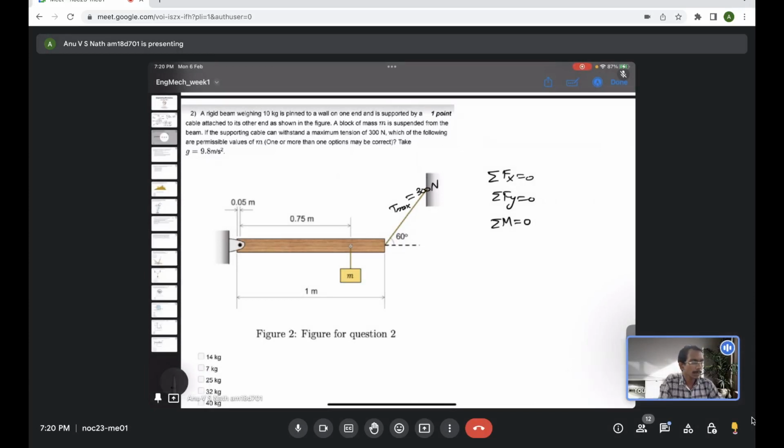That's the only thing that we need to remember. And one more tricky thing is that the total length of the beam is 1 meter, but it is hinged at the end, offset by 0.05 meter. That thing you have to bear in mind.